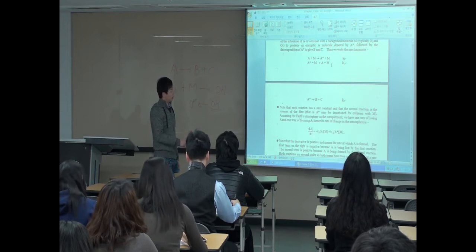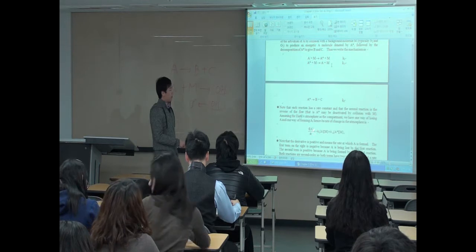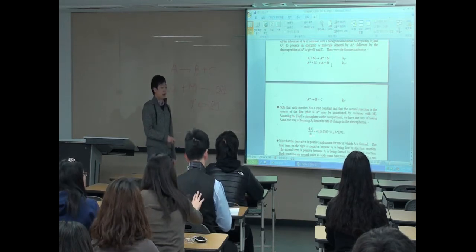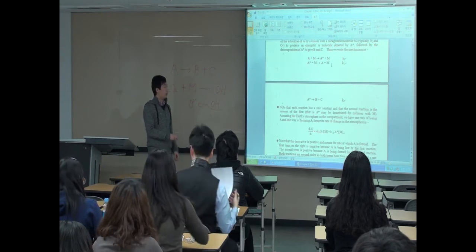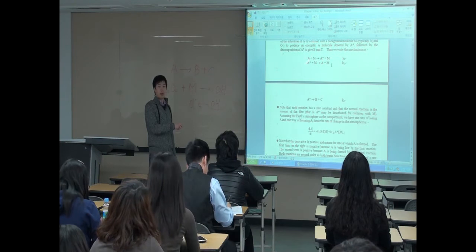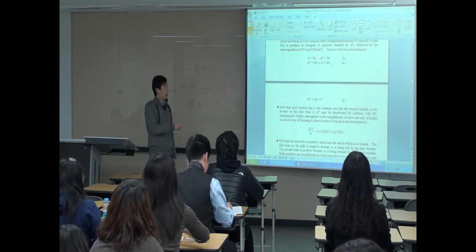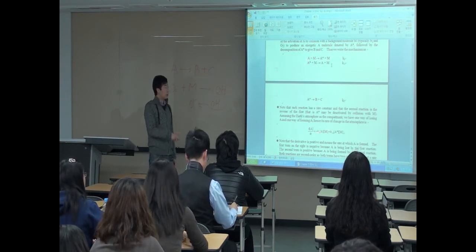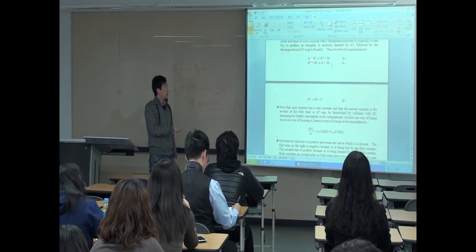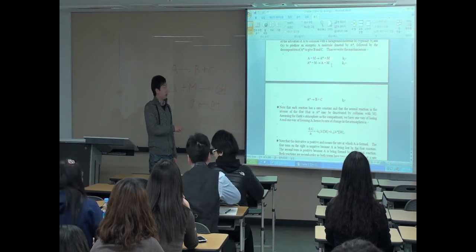Just to see this A concentration, dA over dt becomes, this is the first reaction. A is consumed by this M, so this minus means the disappearance of A. So minus K1 A and M. Yeah, this is for this reaction.